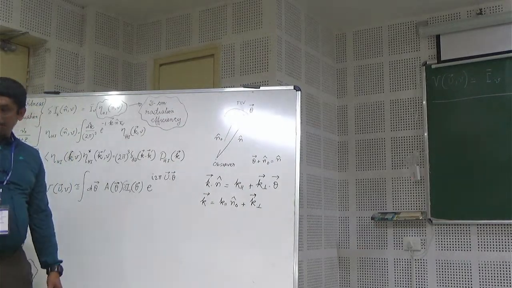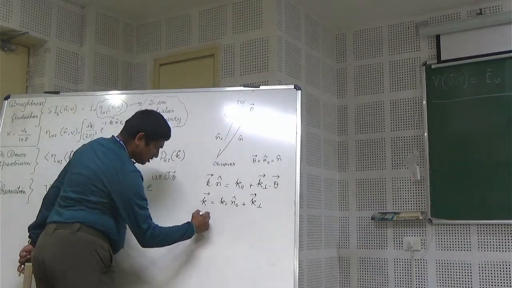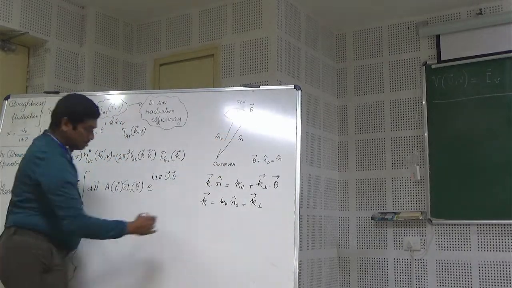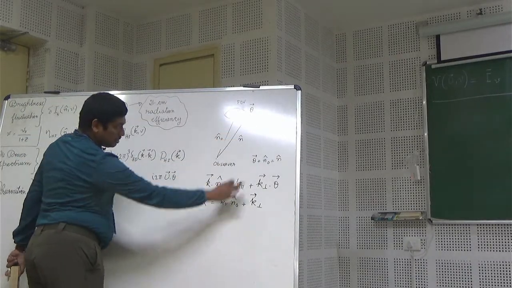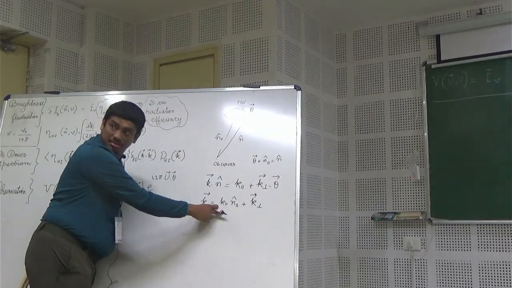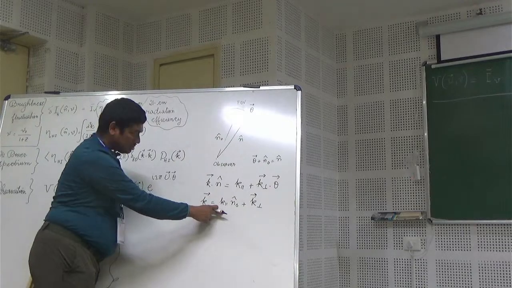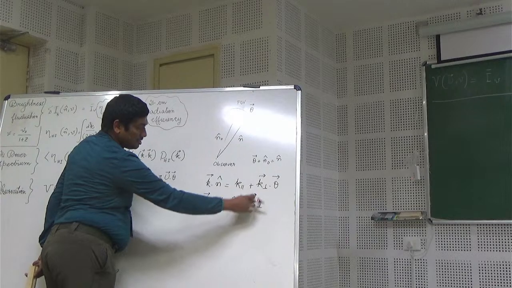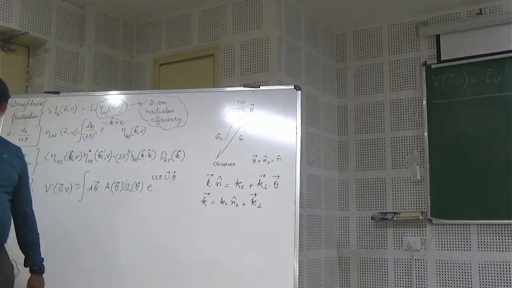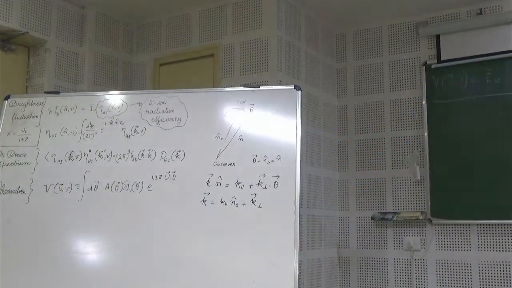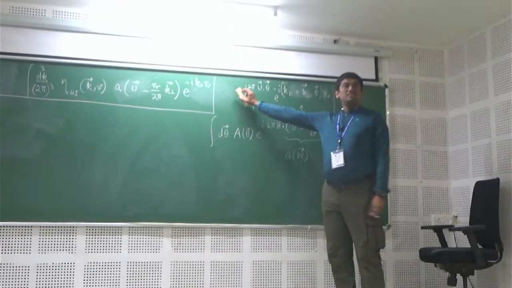You can write it this way, and so k perpendicular is in the same direction as theta. So if I do k dot n cap, n0 will give you k parallel, and theta will give you the other term. Anything else? Anybody has objection if I remove this?